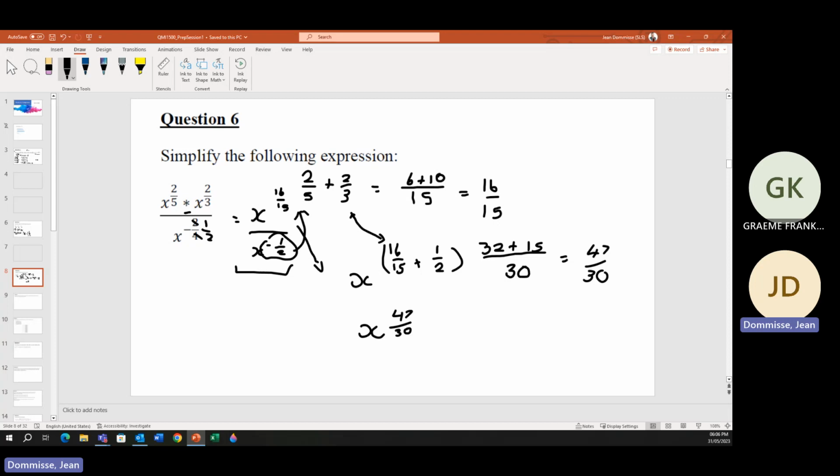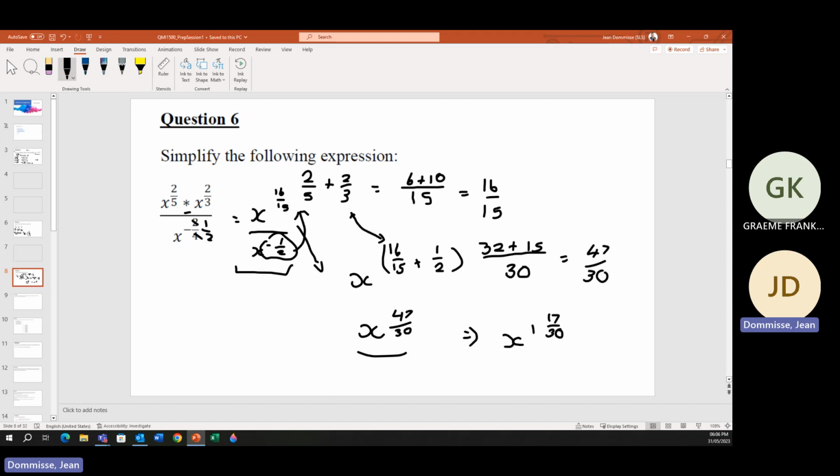So your final answer looks like 47 over 30. I don't know if you can actually change that too much. So what can happen is that it might be x to the power of 1 and 17 over 30 maybe. So again, if this is one of the final answers, go for it.